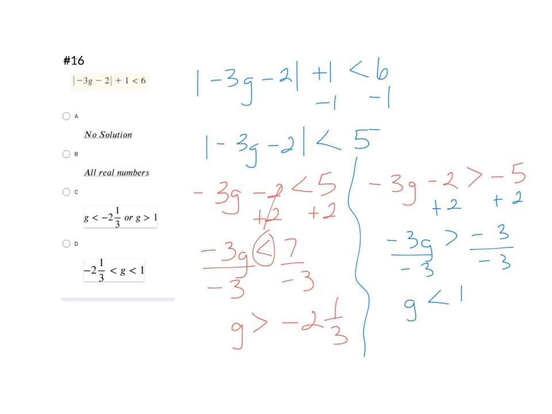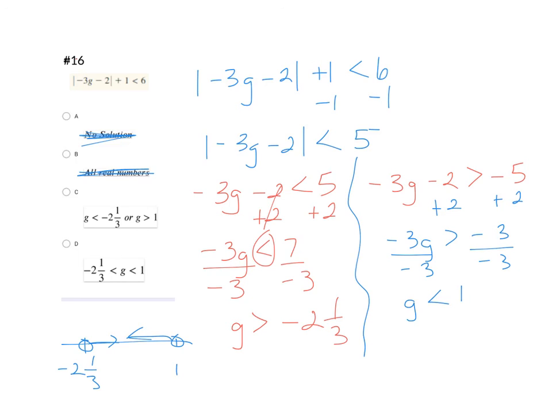Now I'm going to graph this over here because we need to determine if this is an and or an or. So at negative 2 1/3, it is an open circle going to the right. And at positive 1, it is an open circle going to the left. So that tells me this is an and. So it is not all real numbers, and it is not the no solution.